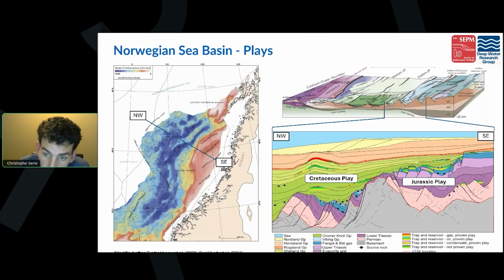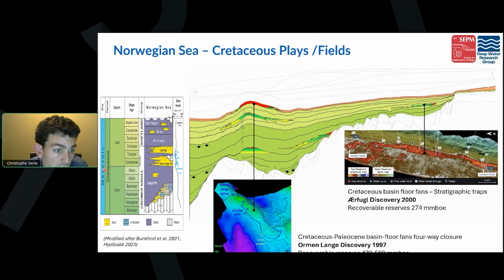So we will focus only on the Cretaceous today. Here you can see the stratigraphic column where you have some long sand in the Aptian-Albian, and then Cenomanian, Turonian, and then in the Coniacian you have the Lysing.